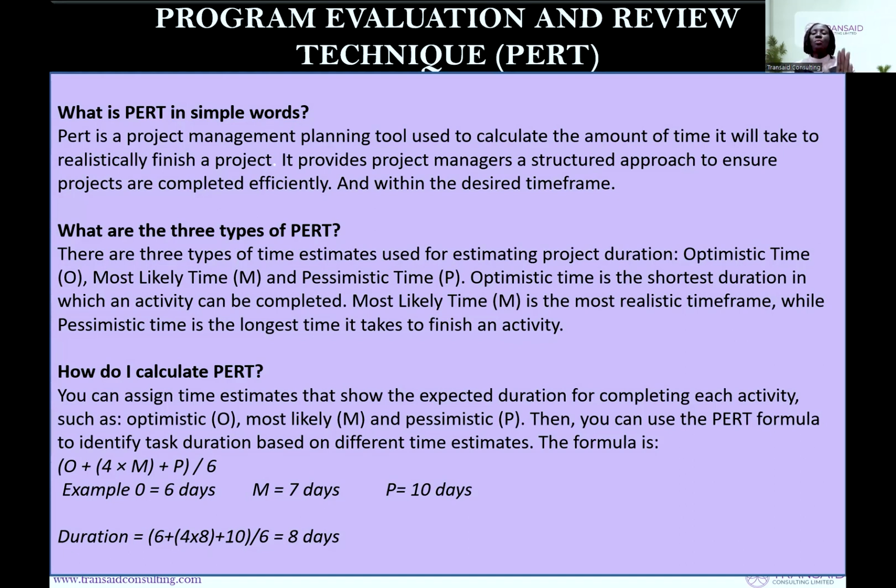You look at another one: most likely is the most realistic time frame, while pessimistic is the longest time it takes to finish the activity. Worst case scenario. So you have most likely time, you have optimistic time, then you have pessimistic time. So how do you use it to now calculate your schedule for that activity? I've already given an example, straightforward.